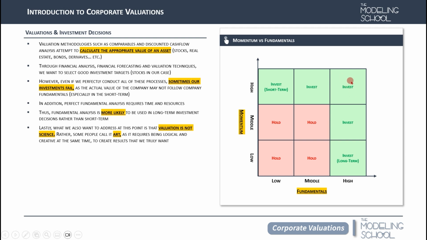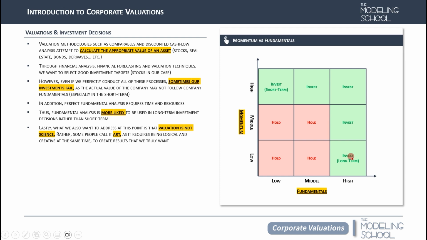It's a no-brainer. However, what if the fundamentals are excellent, but the market interest and external factors seem weak? In such cases, the best approach is to buy and then wait. We hold on to the investment and wait for the momentum to catch up.